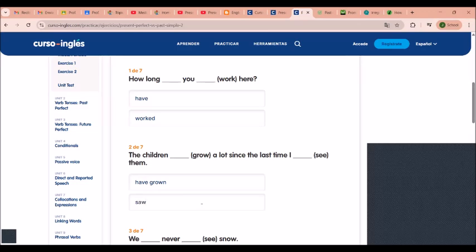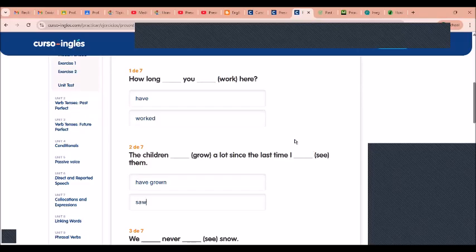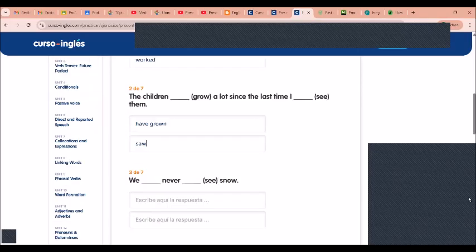If you don't know, say you don't know. Good. Last time I saw them. So this event is completed in the past. However, this is the result. So the person is expressing that.